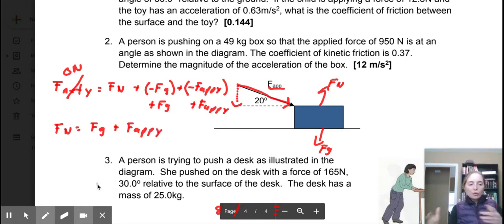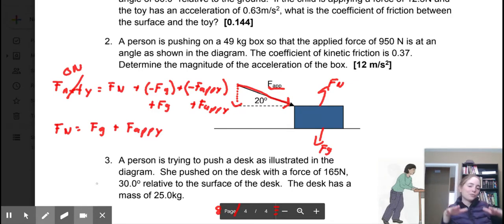Now, the reason why this makes sense is because when you're pushing down on an object, you not only have gravity putting pressure on the floor on that object, you are now pushing on it too. So the downward force applied on the y is going to increase that normal force.